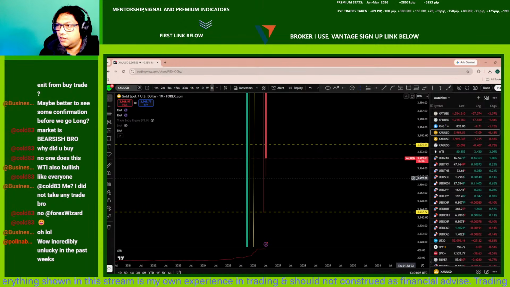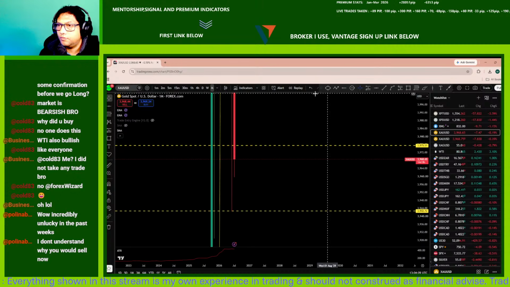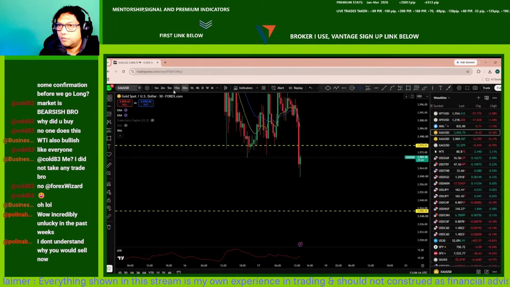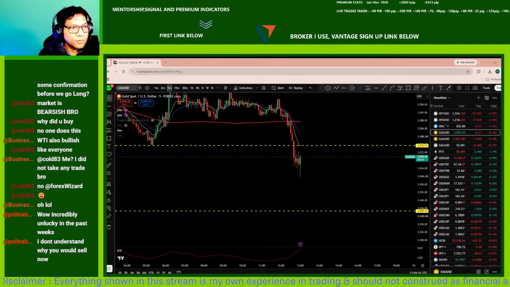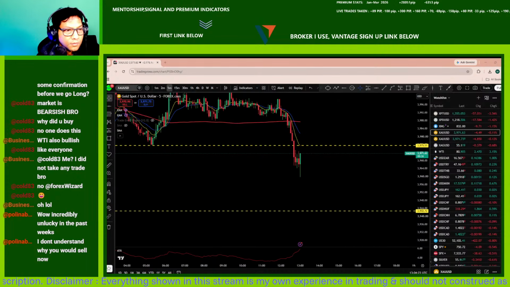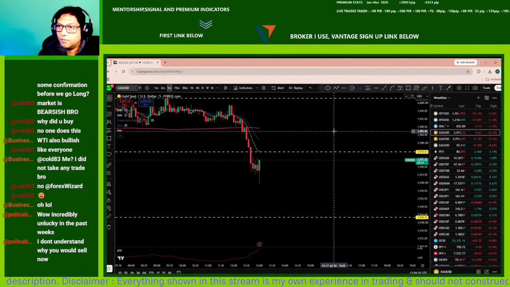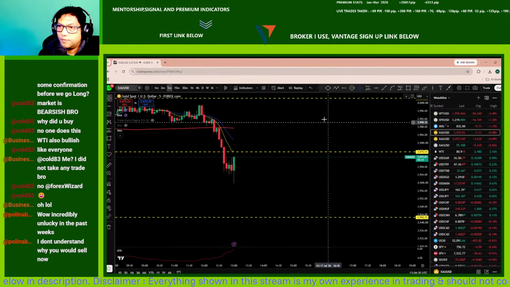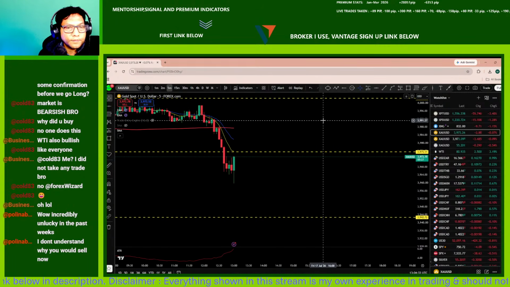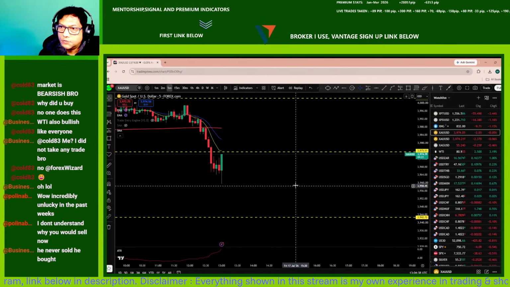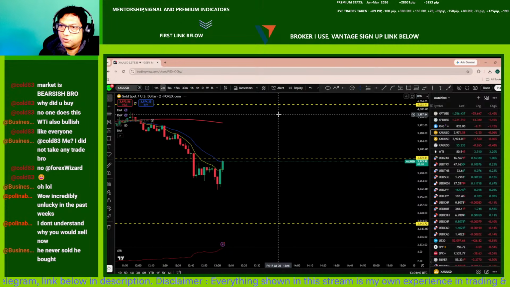And also looking at the monthly, it tested the monthly low. And it triggers the liquidity and then started to bounce.